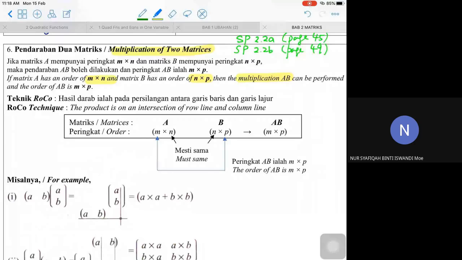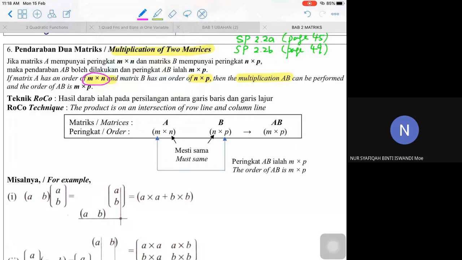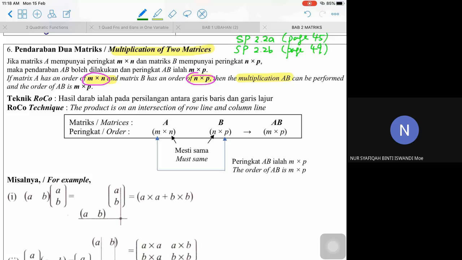The first matrix, the order is m times n. And then the second one is n times p. First of all, look at the column of the first matrix. We know that all matrices are row by column, right?